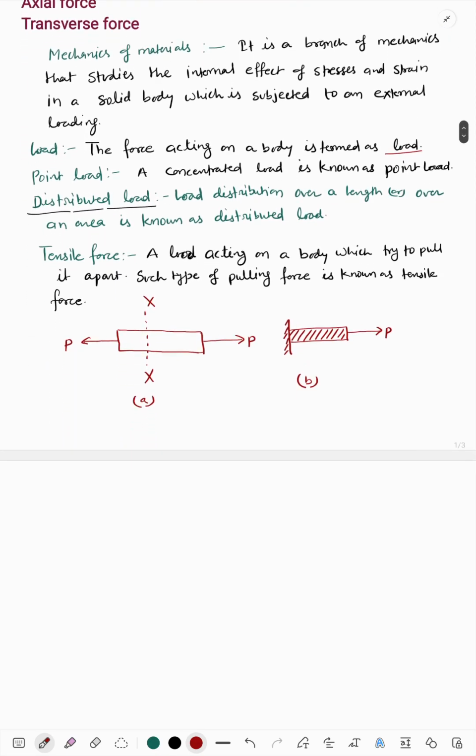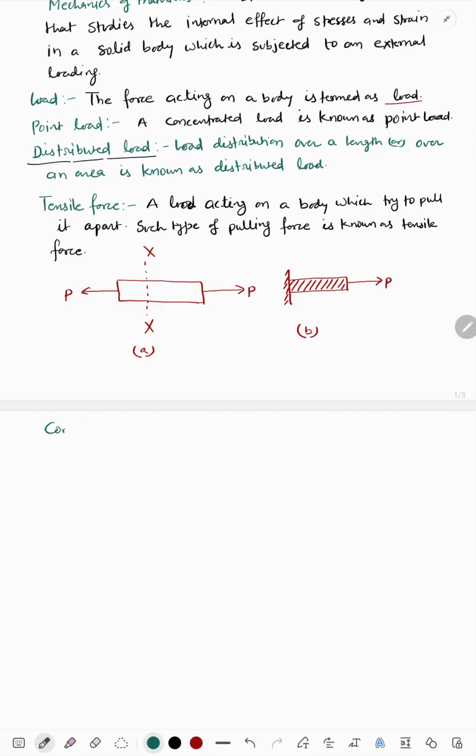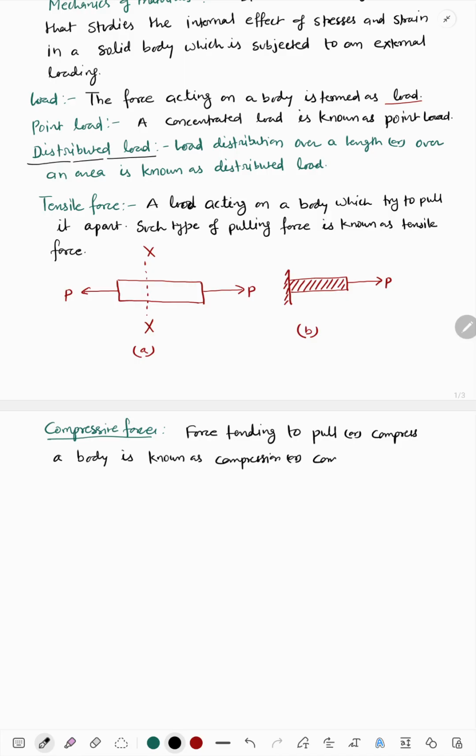Next is the compressive force. How do we define it? A force tending to push or compress a body is known as compression or compressive force.